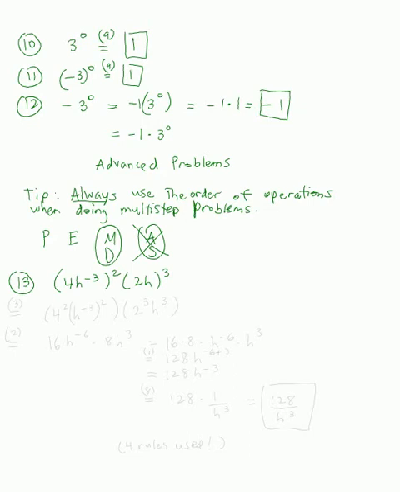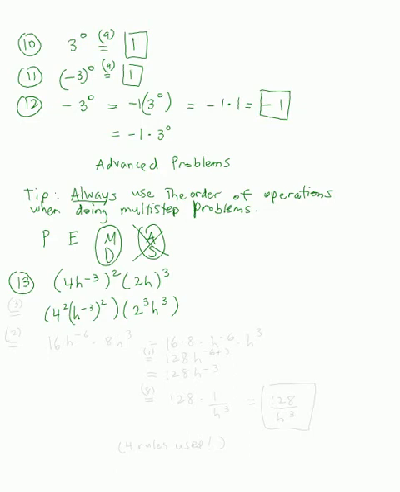There's nothing actually happening inside the parentheses. So I'm going to go ahead and square everything on the inside. So I start with, this becomes 4 squared, h to the -3 squared. And the second one becomes 2 cubed, h cubed.